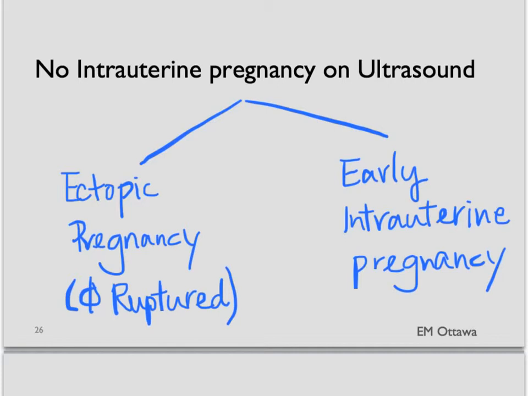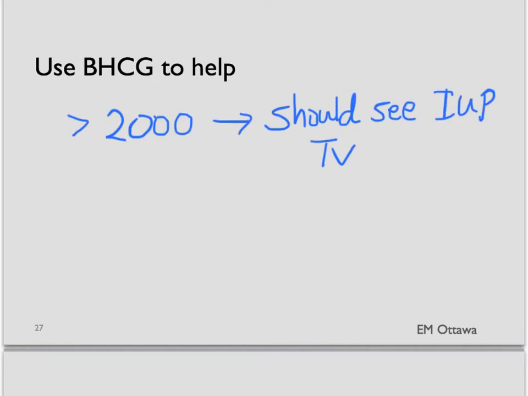How do we sort that out? We're going to use the quantitative beta that we get from the serum to help us. A transvaginal ultrasound should be able to pick up an intrauterine pregnancy if the beta HCG is over 2,000.